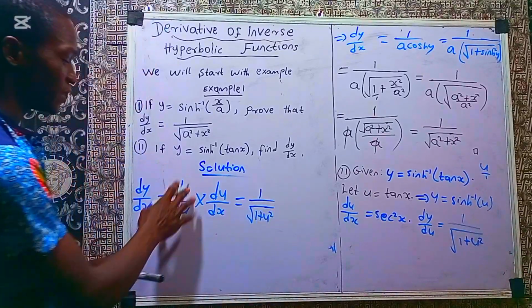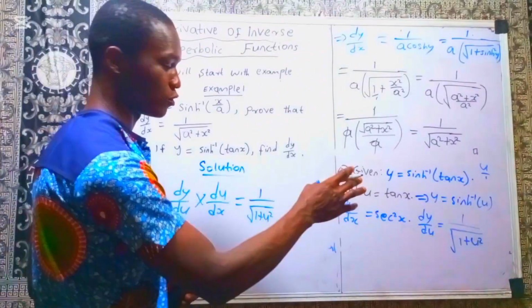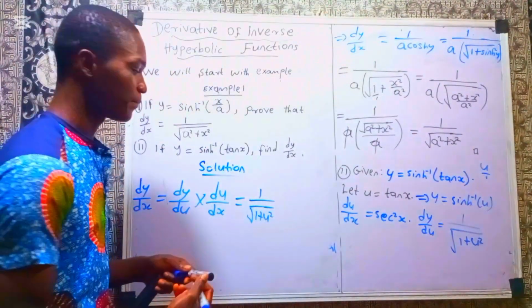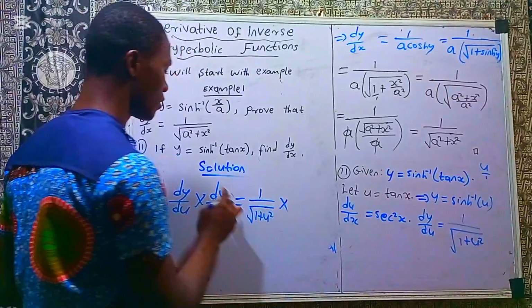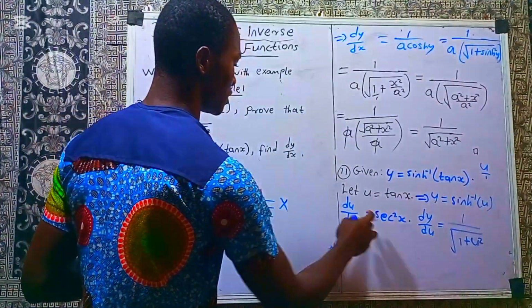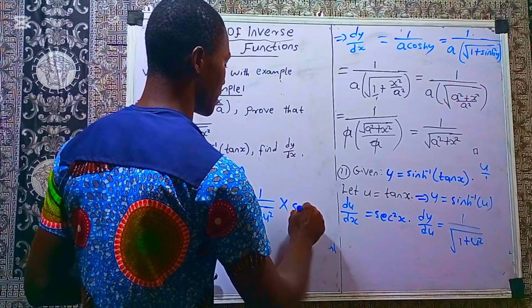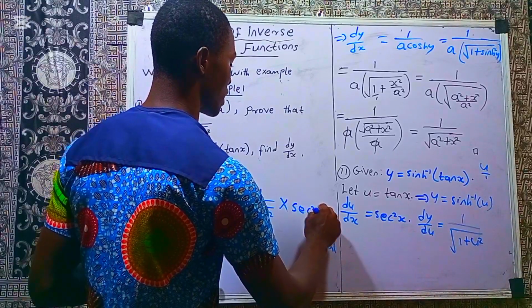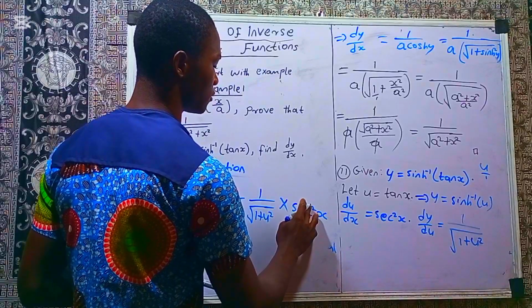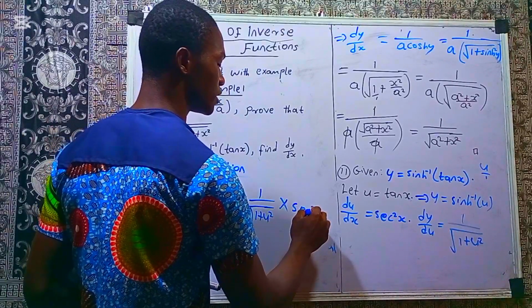So that's this derivative of y with respect to u. That's what we got. And remember, we used our previous result to get that, right? So multiplying, what is the derivative of u with respect to x? So we got that to be sec squared x. This sec is the normal trigonometric sec, not hyperbolic, because there is no h here.